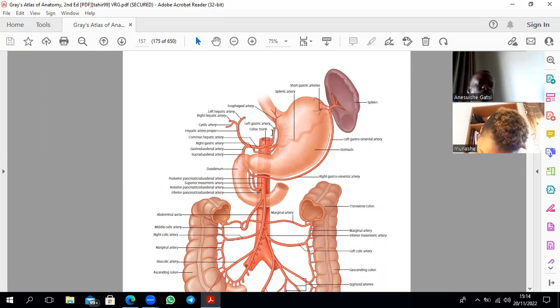Then there is a common hepatic artery. This one, that's the intermediate. So someone would ask, why is it called common?